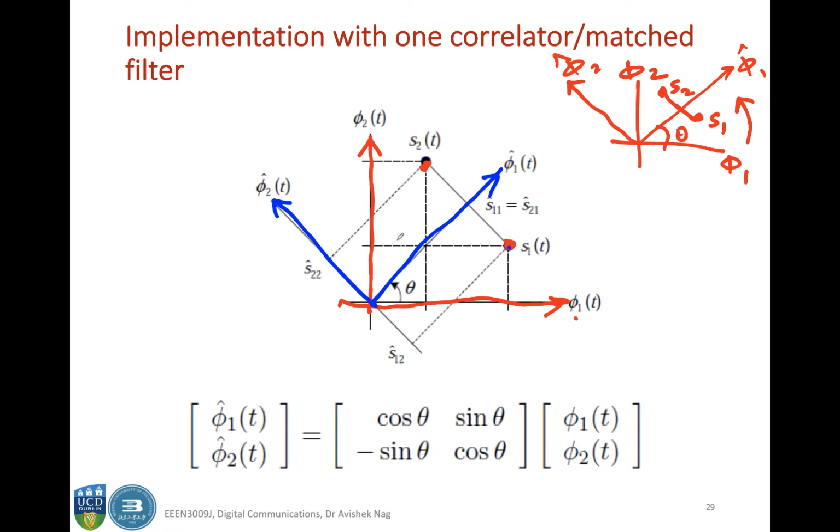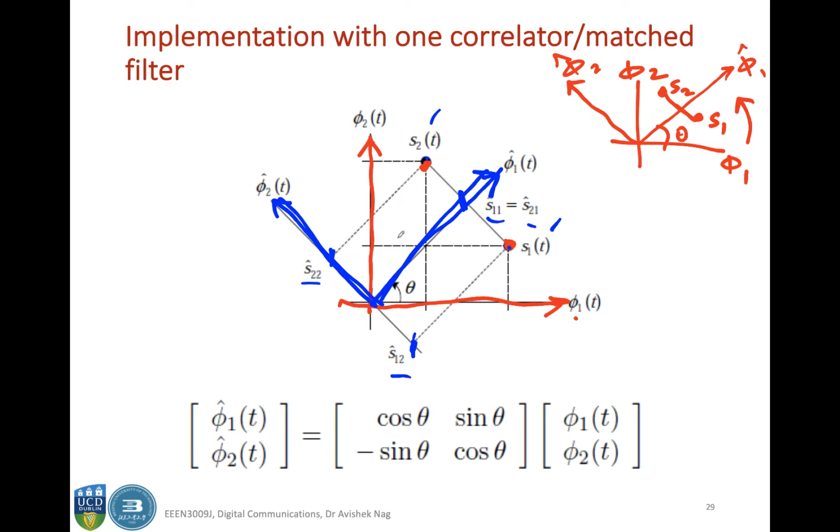But if you now look at S1(t) and S2(t) from the perspective of this new set of axes, then you see that the phi 1 hat component for both signals is the same, and the phi 2 hat components are different. So if you define the new components as S11 hat and S21 hat, they are the same, and S22 hat and S12 hat are different.